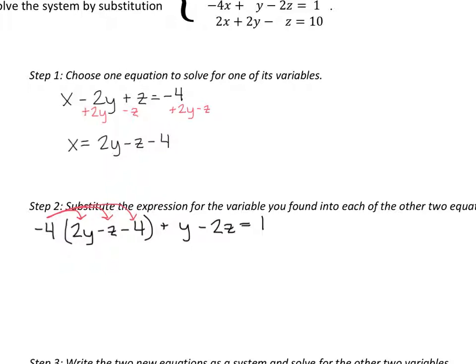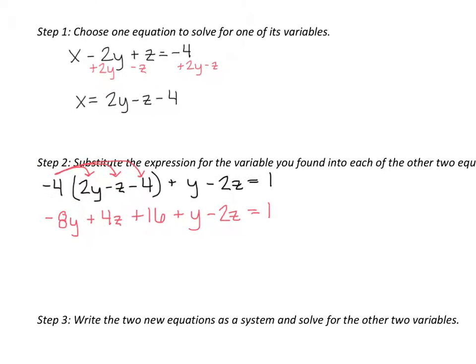So we get -8y plus 4z plus 16, and then plus y minus 2z equals 1. Combine like terms. So what do you have for your y's? -8y and positive y make -7y.